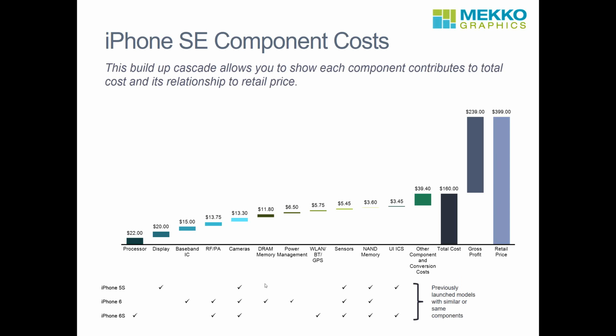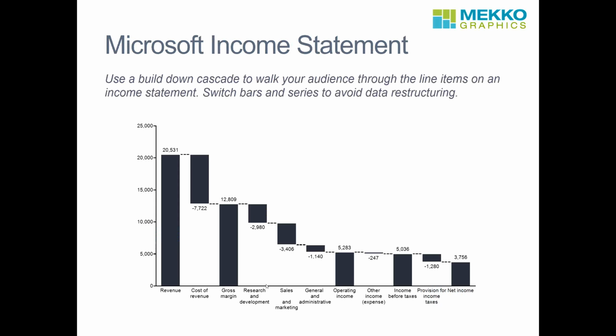Next thing I want to show you is basically the reverse of that. Instead of building up to the cost, we're building down from revenue in an income statement down to net income.